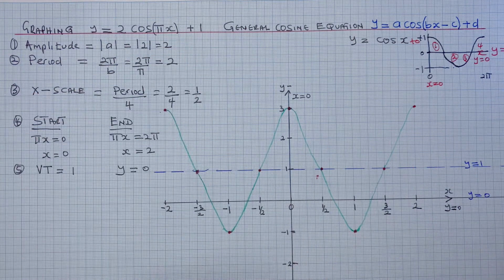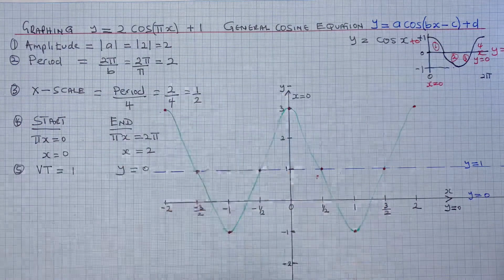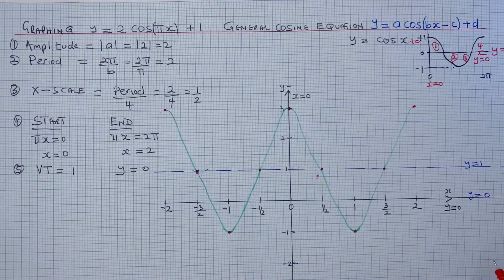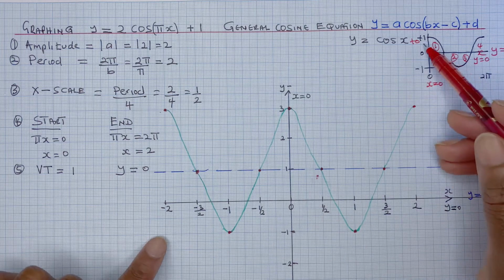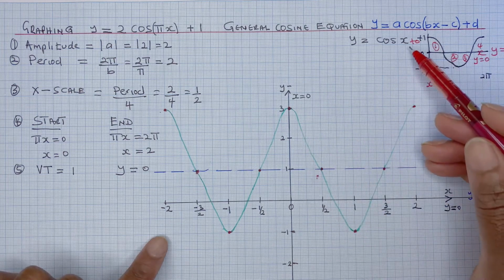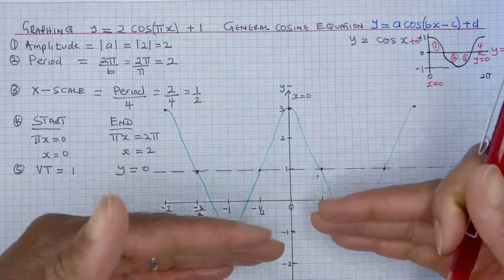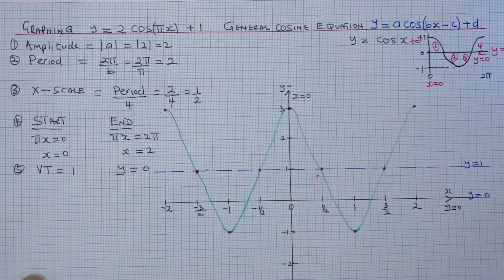As you can see, there is a translation here. That's the translation there. And the curve itself is the same as cos x, except that it's been translated by 1.